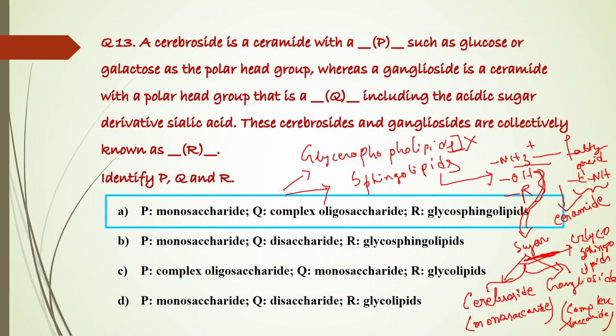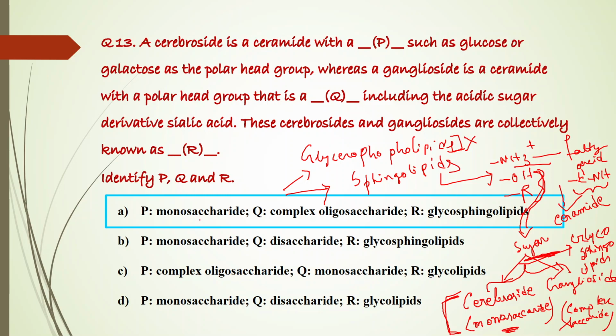Now let us complete the sentence. A cerebroside is a ceramide with a monosaccharide such as glucose or galactose. Just as in the classification I have written, a cerebroside is a ceramide with a monosaccharide being attached.